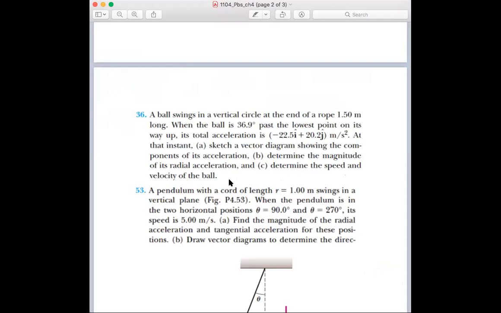When the ball is 36.9 degrees past the lowest point on its way up, its total acceleration is minus 22.5 i plus 20.2 j meters per second squared. The questions are: at that instant, described by the previous numbers, sketch a vector diagram showing the components of its acceleration, then determine the magnitude of its radial acceleration, and finally determine the speed and the velocity of the ball.